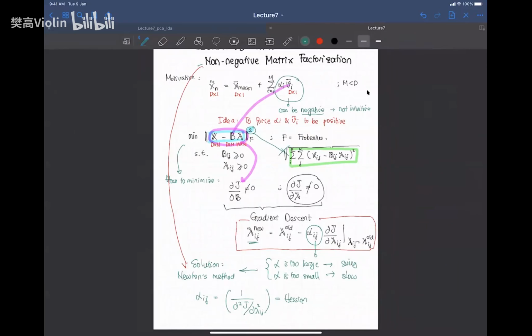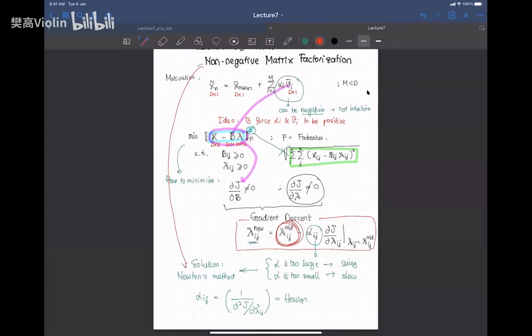Yan Xuan, I'm not really sure what you mean by we will face the problem of getting stuck in a local minimum. Oh, I know. You mean this gradient descent? Yes, this local minimum can be a problem. That's true, and there is no solution proposed in the NMF. So the problem of this is called initialization.